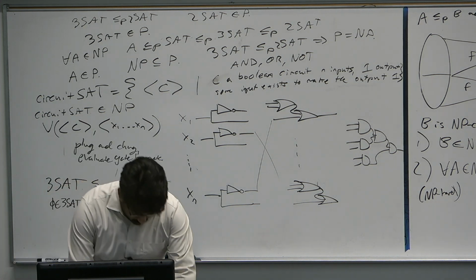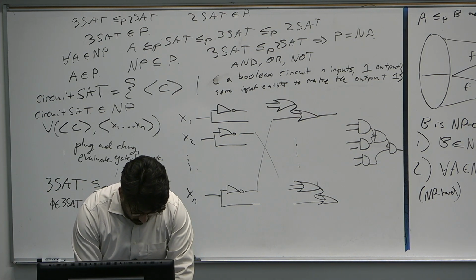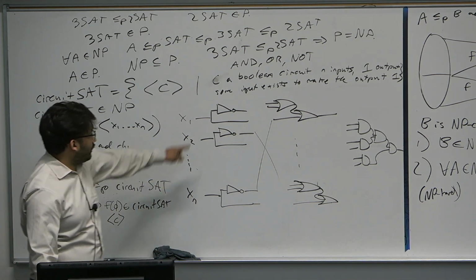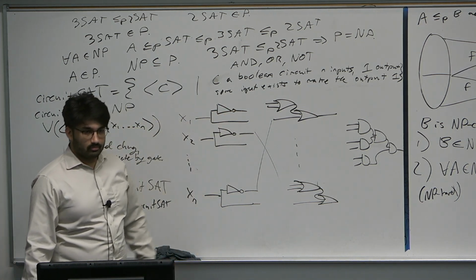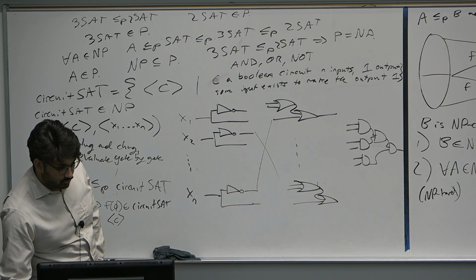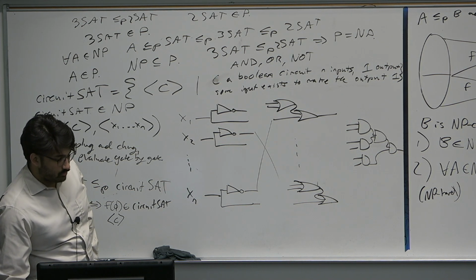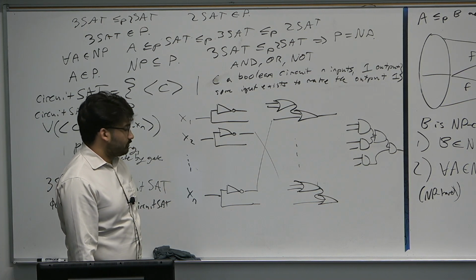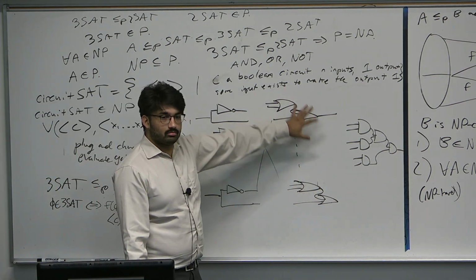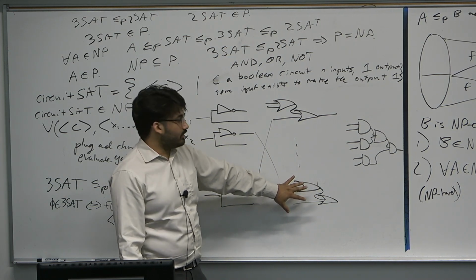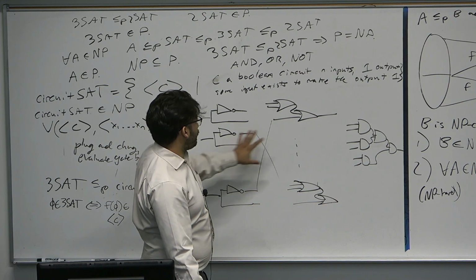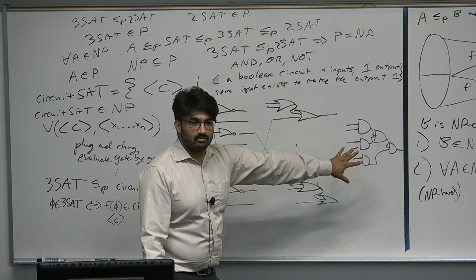Because your first layer will have 2n gates, and each layer has half as many as the previous layer, because they send 2 to 1. But this could be at most n. N cubed. Oh, right, because it's 3-SAT.